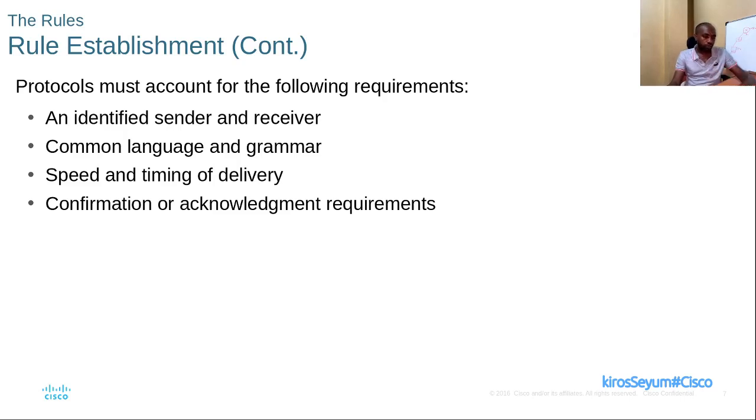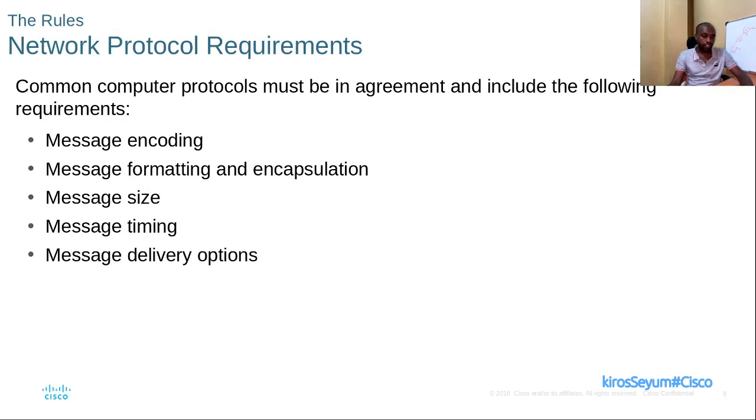For example, if I am very speedy, that guy may not understand what I am talking about. So there also has to be a confirmation, an acknowledgement, of whether you have finished your talk. So these are rules in real life in humans, and the same thing also applies to other devices.